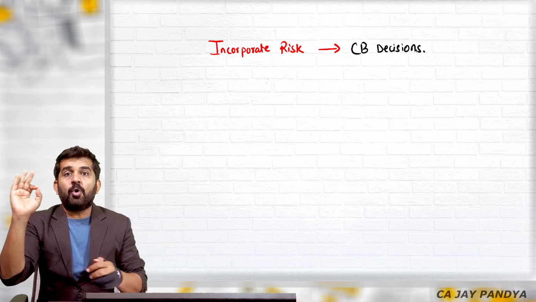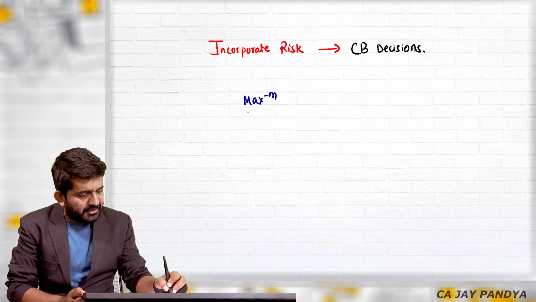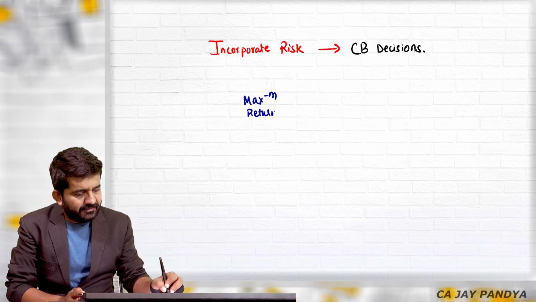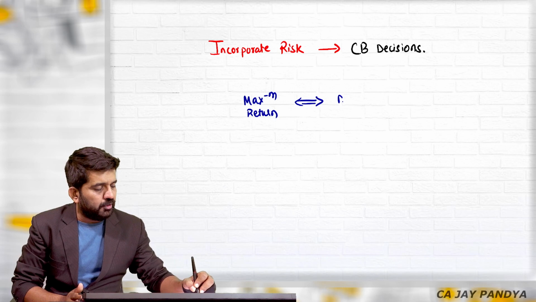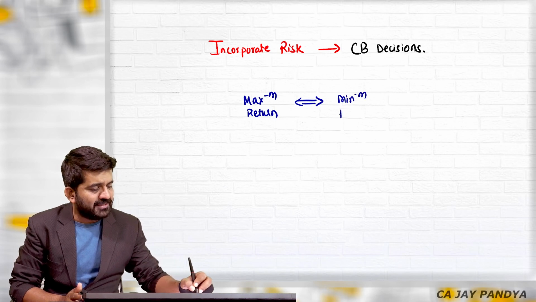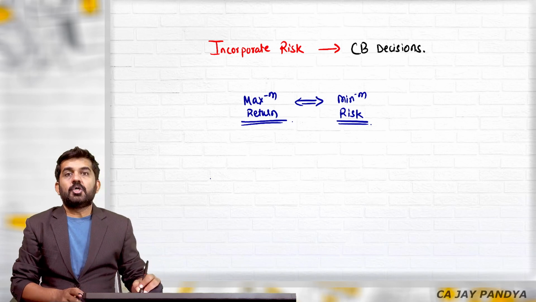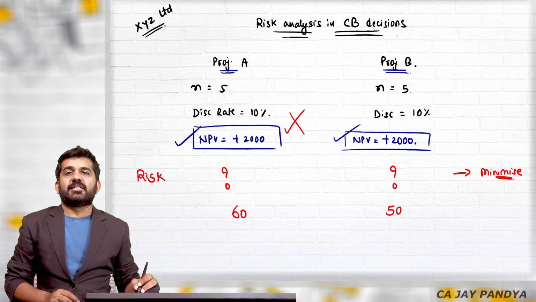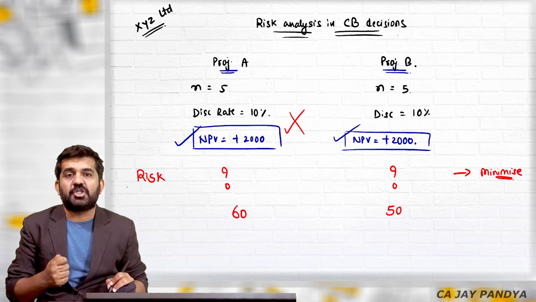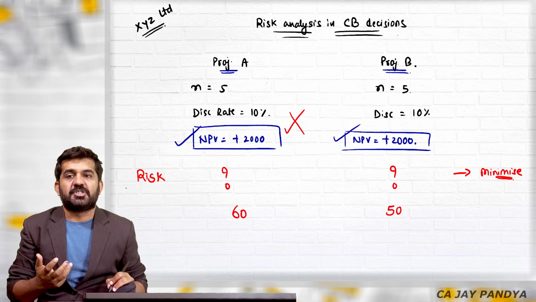Why? What is our objective? It is to maximize return, agreed. But parallelly, it is also to minimize risk. So you should not take the decision just by considering return. You should also incorporate risk into capital budgeting decisions.